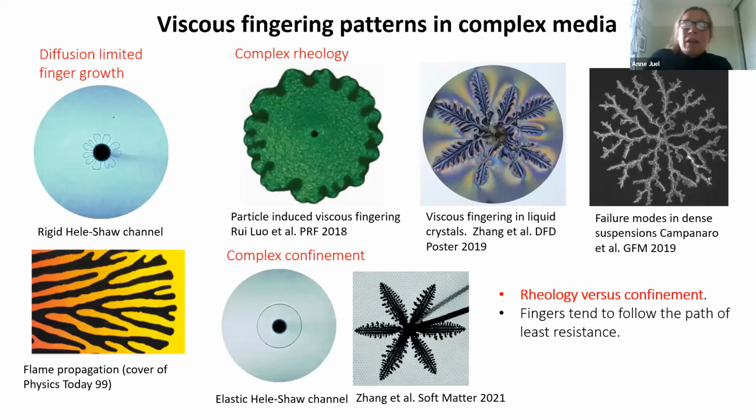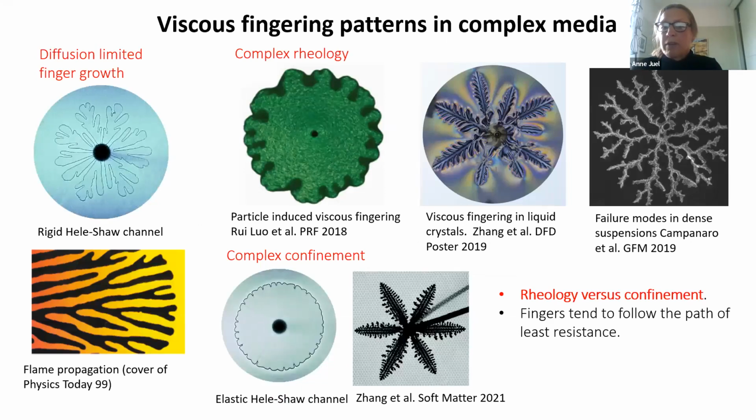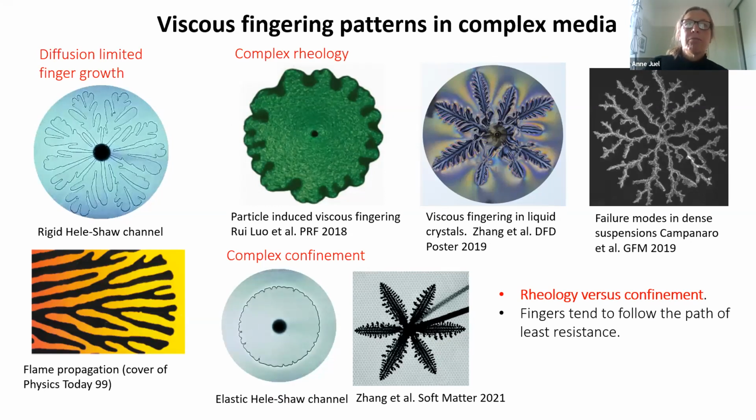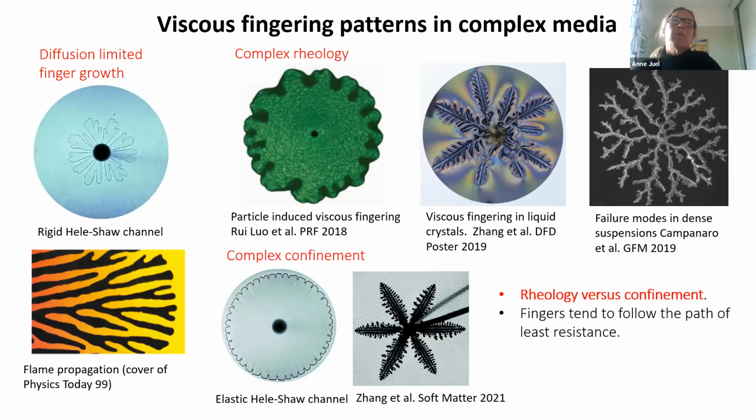As I said, complex pattern formation is really quite ubiquitous in viscous fingering problems, and here you see some typical examples of that. In particular, the process is one of diffusion limited finger growth. What you're looking at on the top left is a radial Hele-Shaw cell.